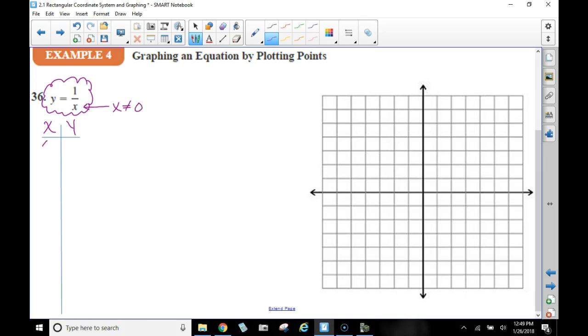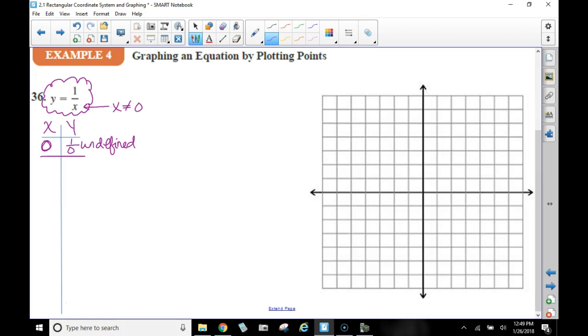If you let x be equal to 0, y would be 1 over 0, and that is undefined. So there's not going to be a point anywhere that lies on our y-axis. Remember, points that lie on the y-axis have an x-coordinate of 0. Not going to happen. We're not going to have a y-intercept, is what we'd call it later on, on this graph.